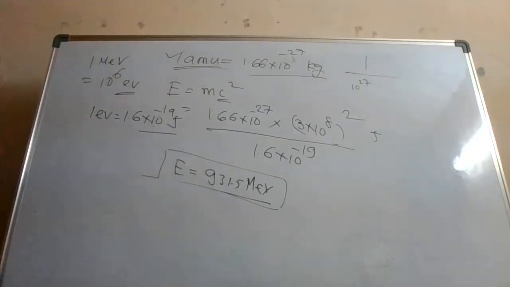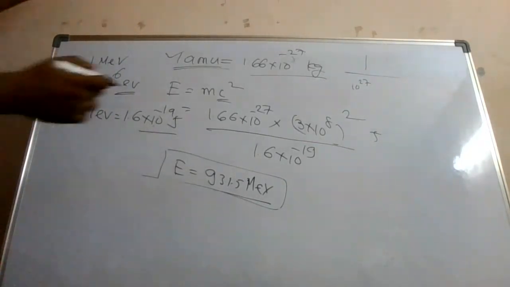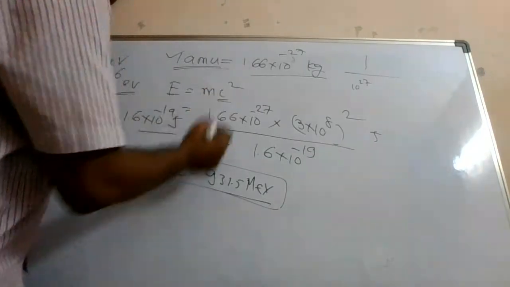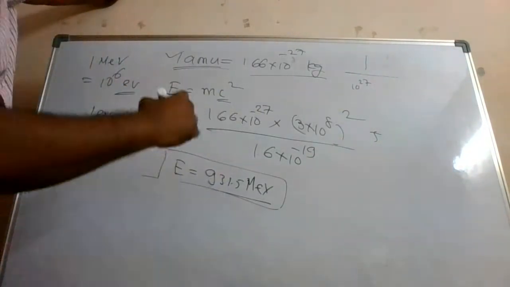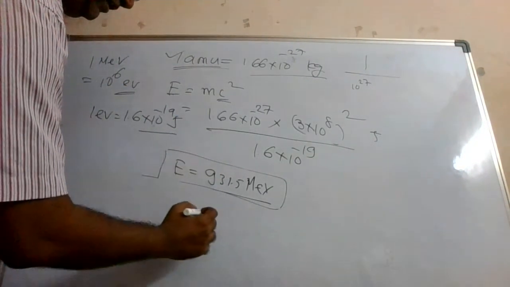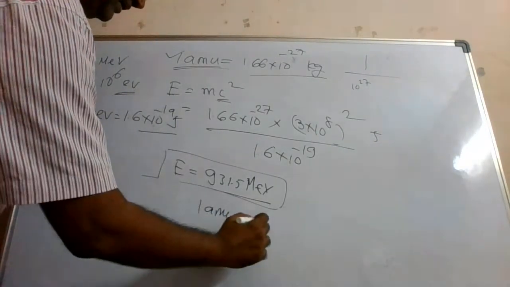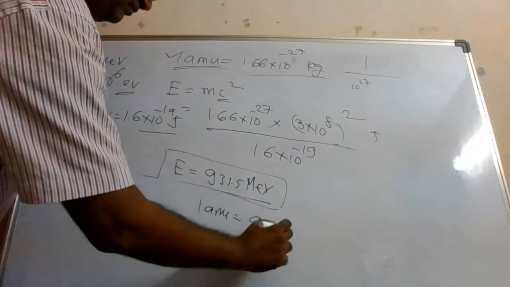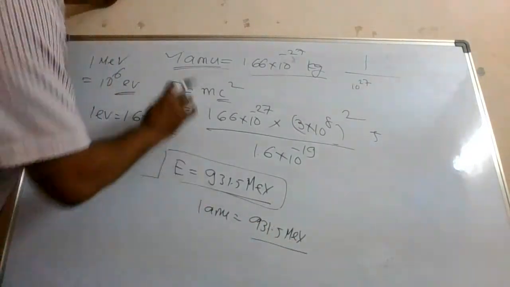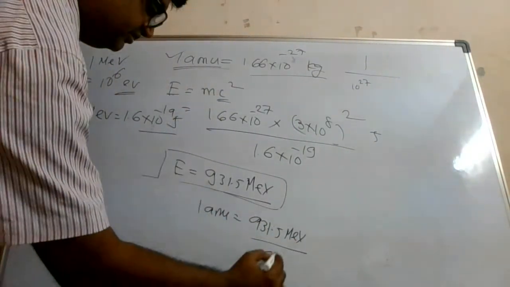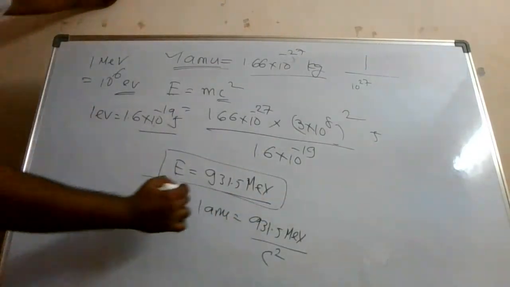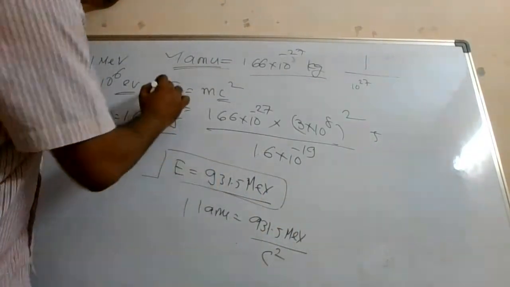This is E is equal to mc square. So 1 equivalent atomic mass unit is equal to, what did I tell you? One atomic mass unit will be equal to 931.5 million electron volts, E by C square. This is from this only.